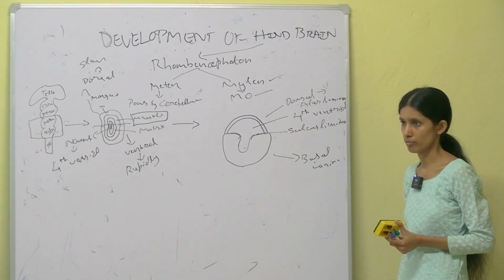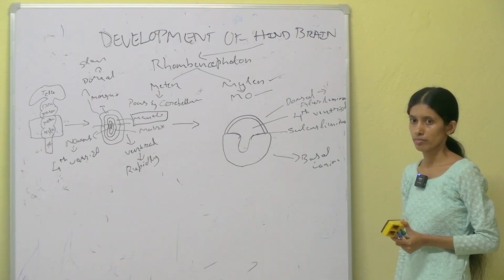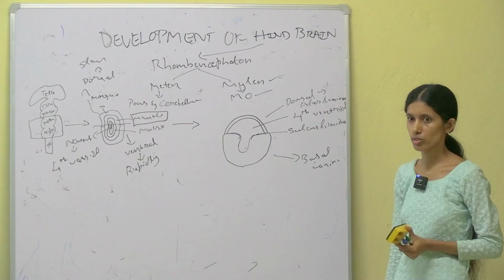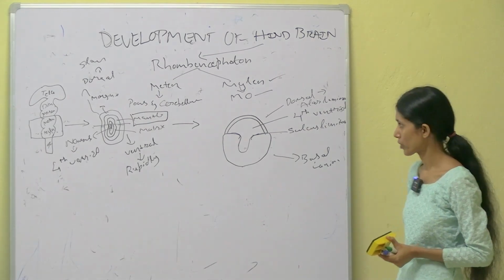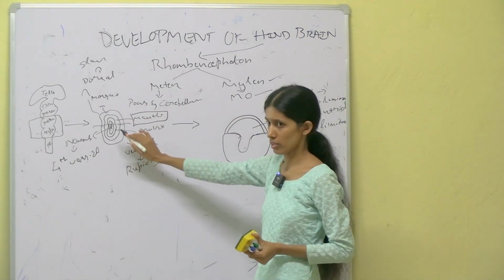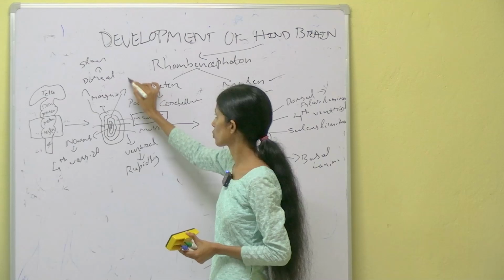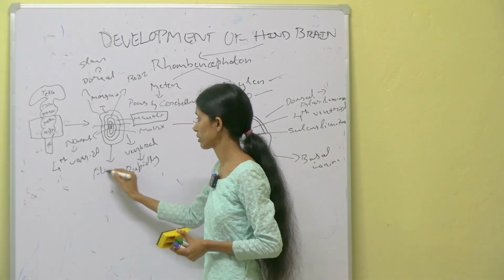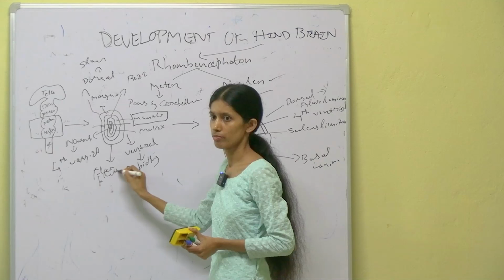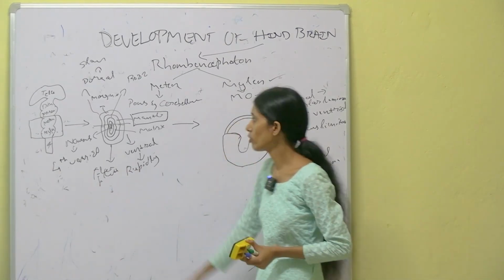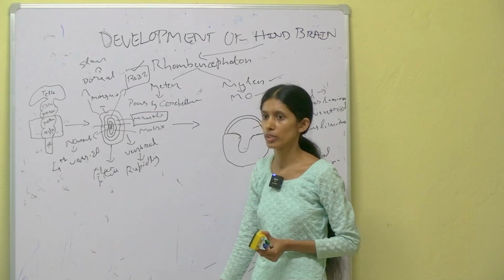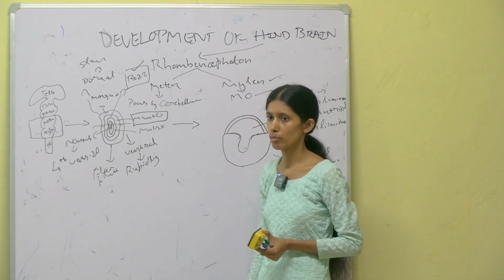Any doubts in this? Then again we'll come back to this structure. Remember, this will be your roof plate and this will be your floor plate. Now we can see some changes in the roof plate due to the flexure of your brain part.